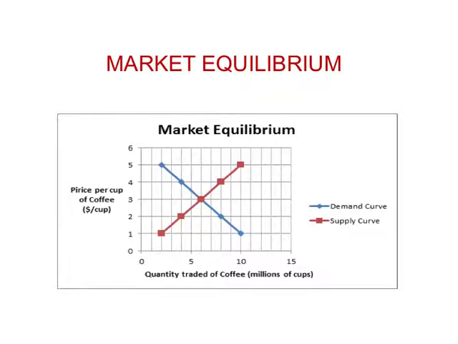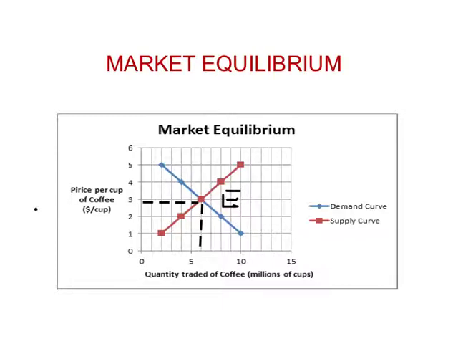Let us drop this point to the horizontal axis, and we know quantity demanded is 6 million cups of coffee, quantity supplied is also 6 million cups of coffee, or in other words, quantity traded is 6 million cups of coffee. At what price? At a price of $3. So when the price is $3 per cup, quantity demanded equals quantity supplied, or in other words, this point of intersection represents equilibrium, which we denote by letter E.